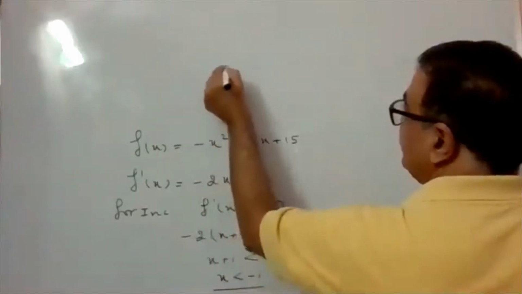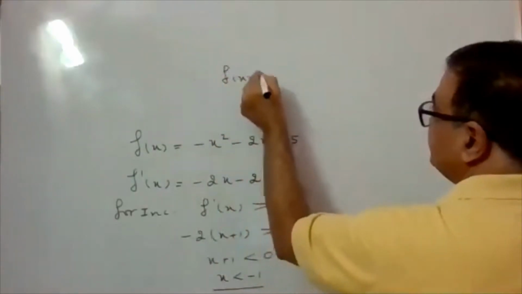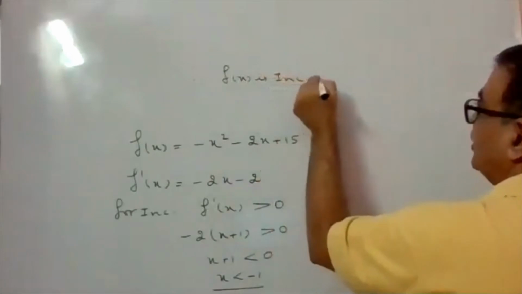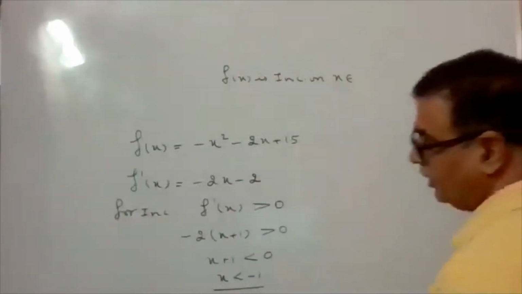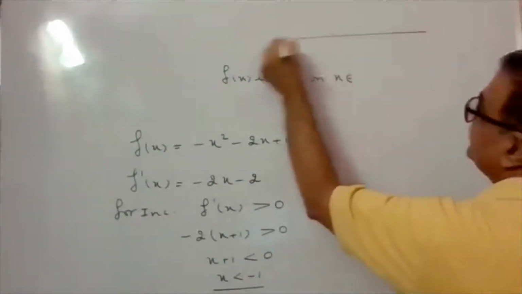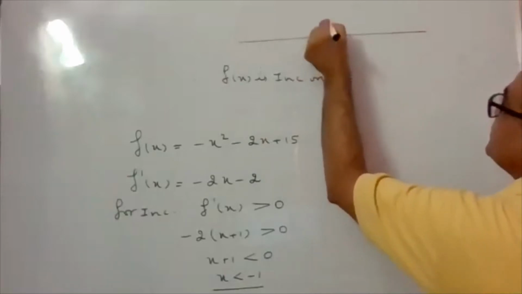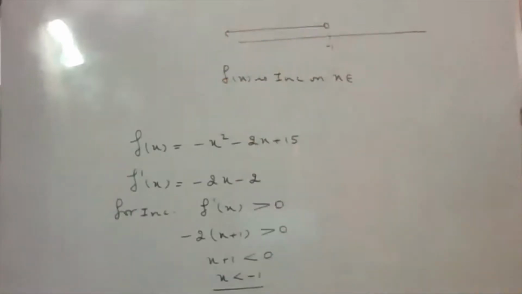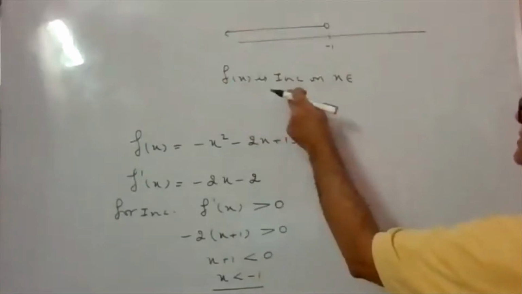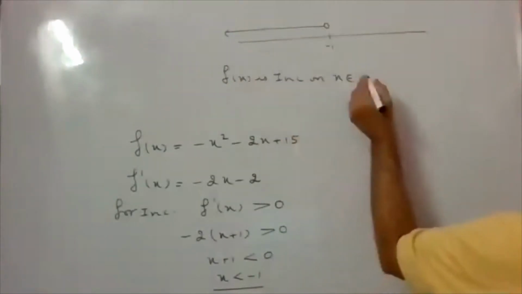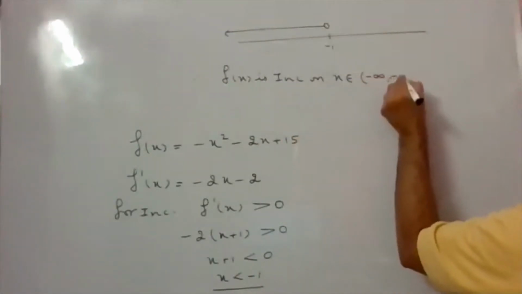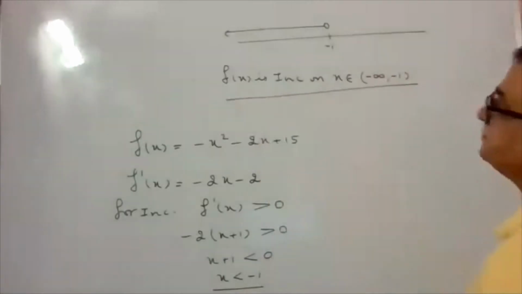Therefore, f(x) is increasing on x belongs to, it says x is less than minus 1, so it goes this way, from minus infinity to minus 1.